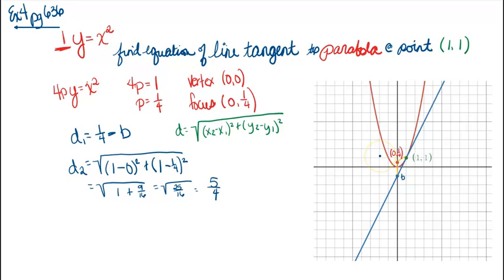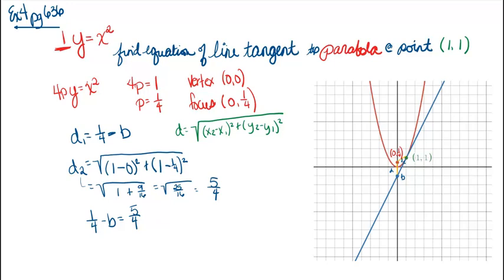So I know that my first distance, this D1 right here, is equivalent to D2. And because I don't know all of the parts of my D1, I'm going to just rewrite the whole equation. So 1/4 minus b equals d2, which I solved for 5/4.